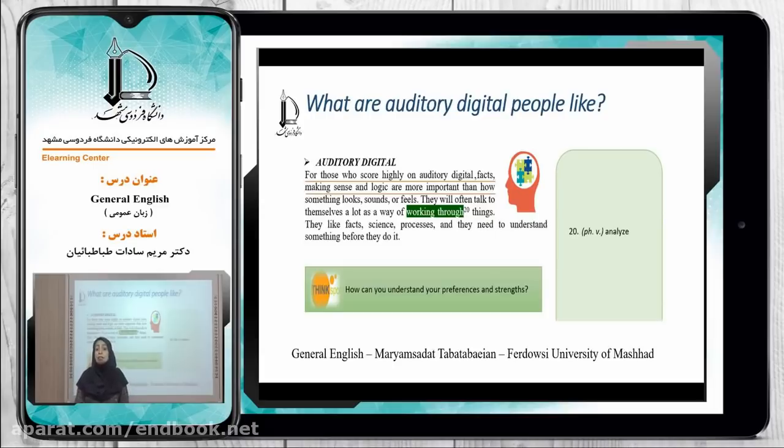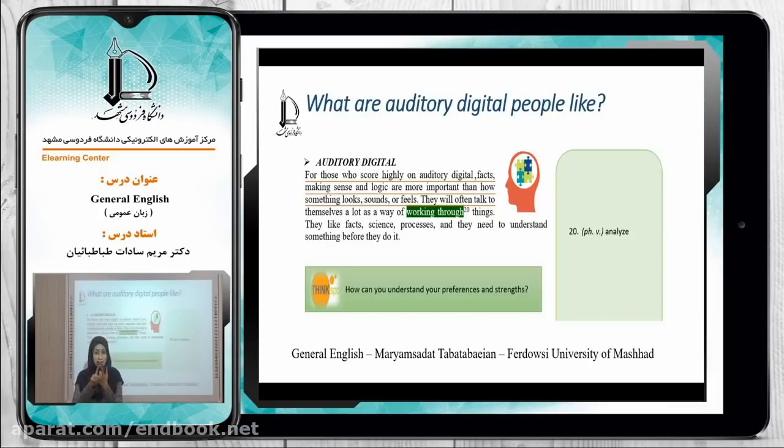Also, they use their logic brain. They think a lot about issues before they make decisions. But it says they do not pay attention to how things look, what they see, or how things sound, or how things feel. They are not like visual, auditory, and kinesthetic people who rely on their feelings, what they see, or what they hear.